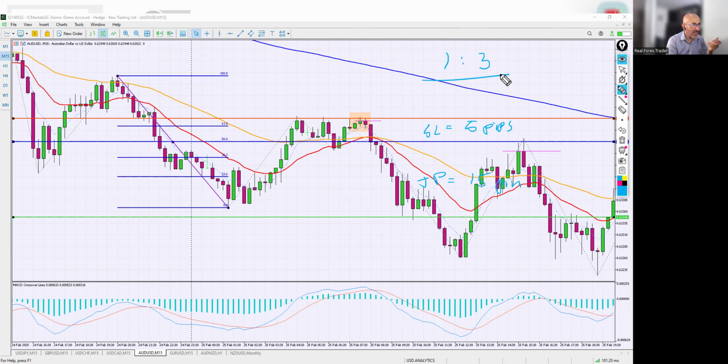But it doesn't mean that I am using only this Tweezer Tops as my leading indicator to place the trade. No, I'm just telling you that along with other indicators, I can place a trade. But it's just because I spot the pattern.